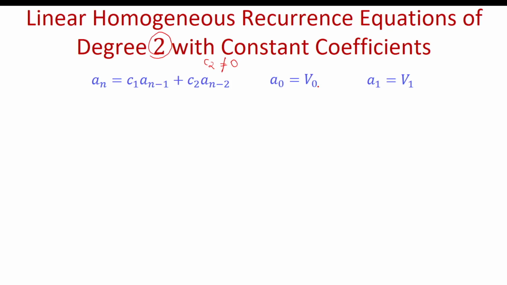And once you freeze the initial conditions, that determines what will be the remaining terms of the sequence, right? So in this case, I am assuming that you are given the initial conditions. Say the initial conditions are the zeroth term or the starting term is v0, and the first term, in the sense a of 1, is v1. So this is not the first term, this is actually the second term, but in terms of index, it is a of 1.